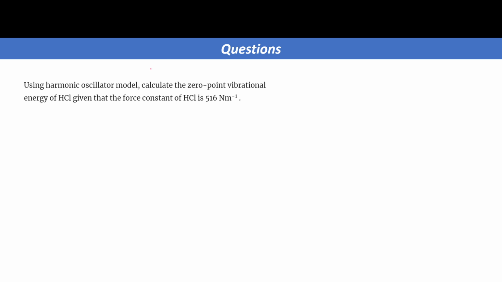Next, using the harmonic oscillator model, calculate the zero-point vibrational energy of HCl given the force constant. The force constant is 516 N m⁻¹. Zero-point vibrational energy we have to calculate.